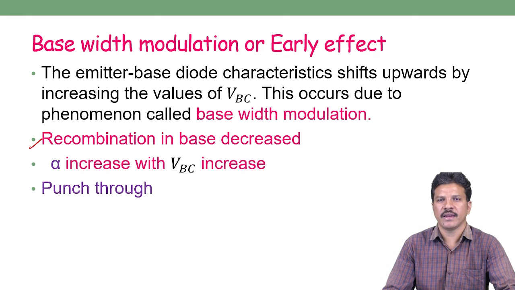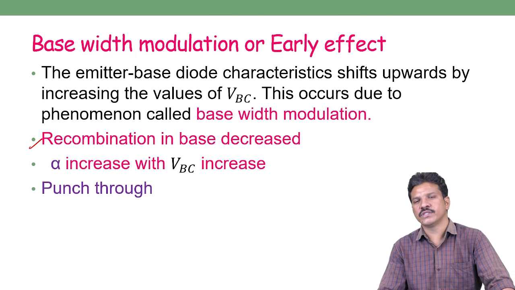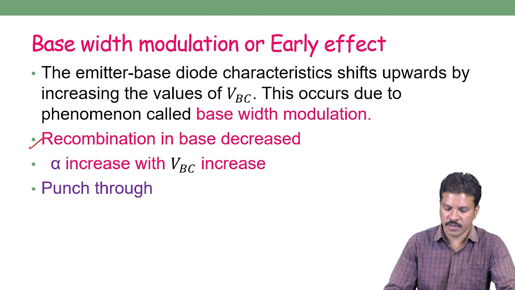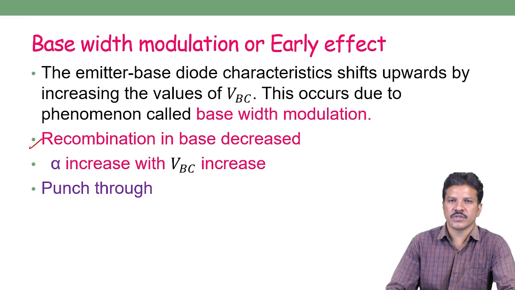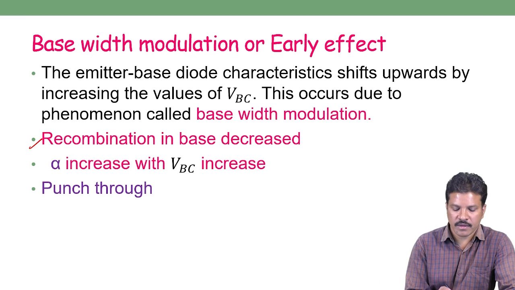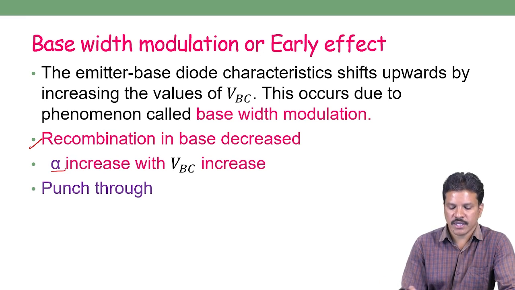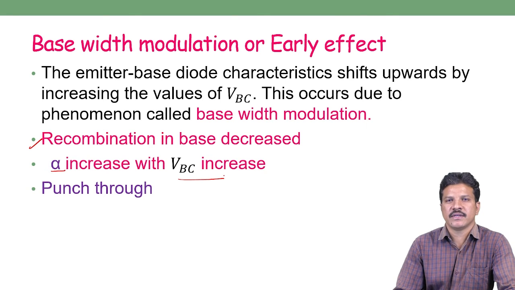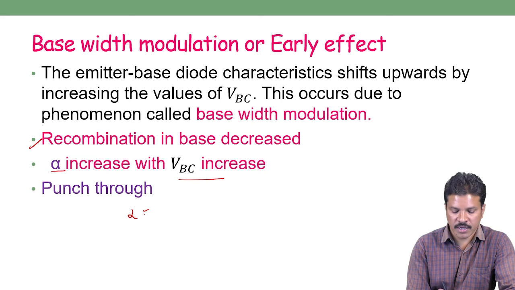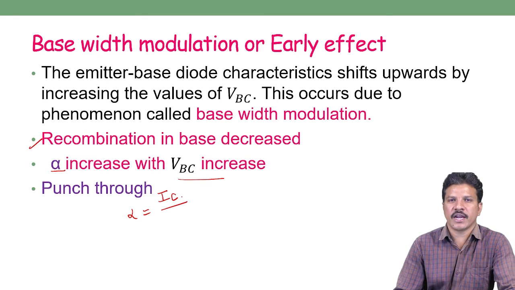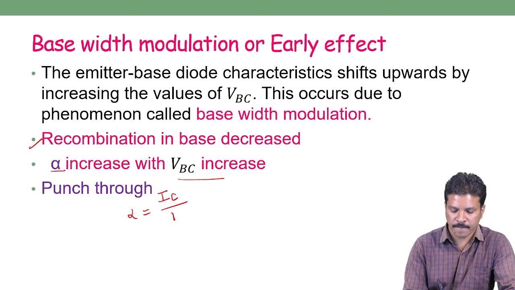But what happens when we go on increasing this early effect? Alpha increases as VBC increases. Alpha is the current gain in the common base configuration: output current by input current, output current IC, input current IE.